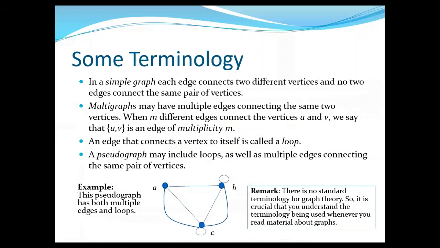Okay, but in case we have multiple connections, multiple edges between vertices, we call it a multigraph. Okay, so this is an example of multiple edges wherein B and C are connected by these 2 edges, first edge and second edge.